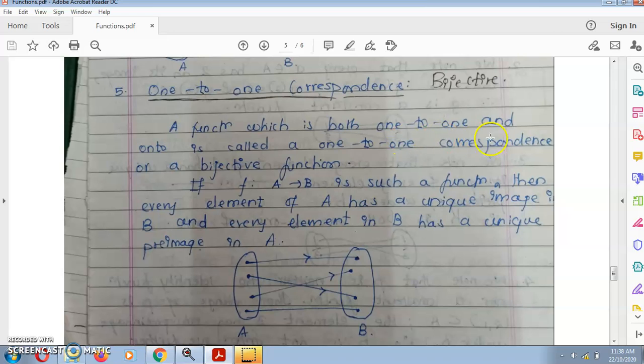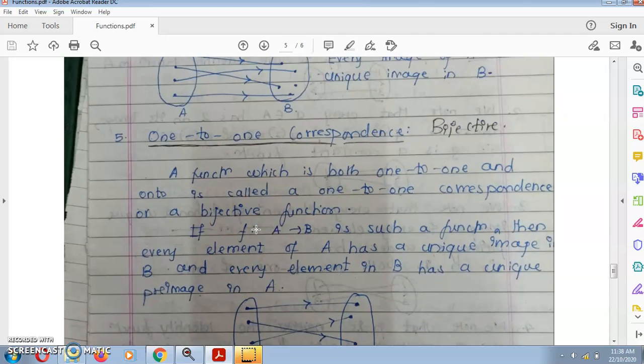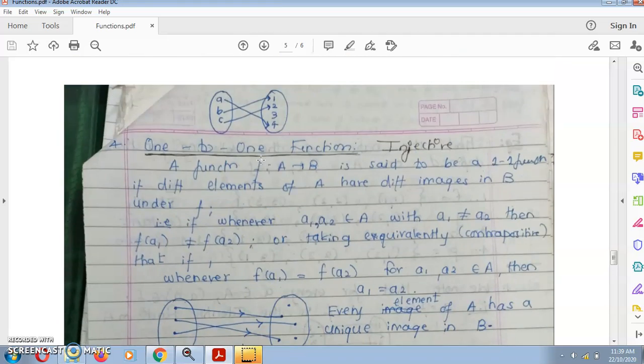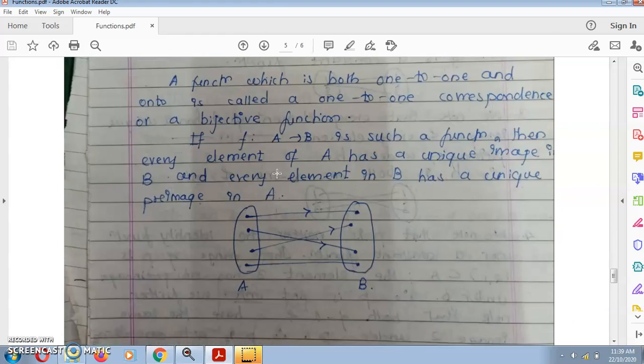If f is a function from A to B which is both one-to-one and onto, then every element of A has a unique image in B, and every element of B has a unique pre-image in A. So every element of A is having a unique image in B, and every element of B also should have a unique pre-image in A. So for that we call it a one-to-one correspondence.